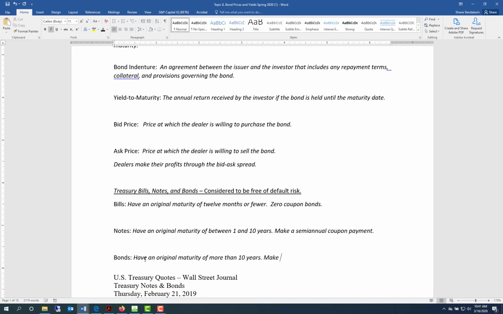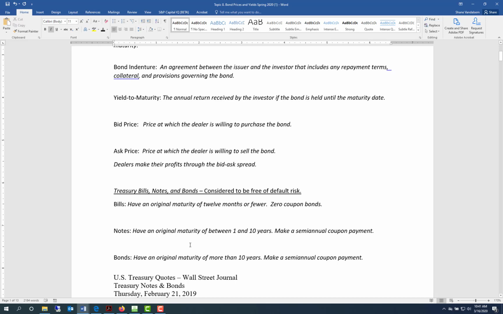They also make a semi-annual coupon payment. These usually go up to about 30 years to maturity. They can go longer, but that's very rare.